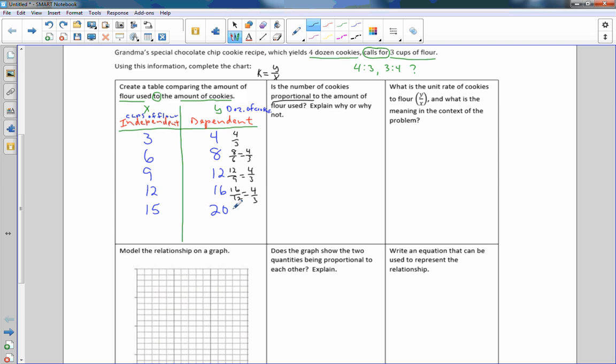And then finally, 20 divided by 15. If I divide 20 by 5, I get 4. If I divide 15 by 5, I get 3. So we're getting 4 thirds, 4 thirds, 4 thirds, 4 thirds.